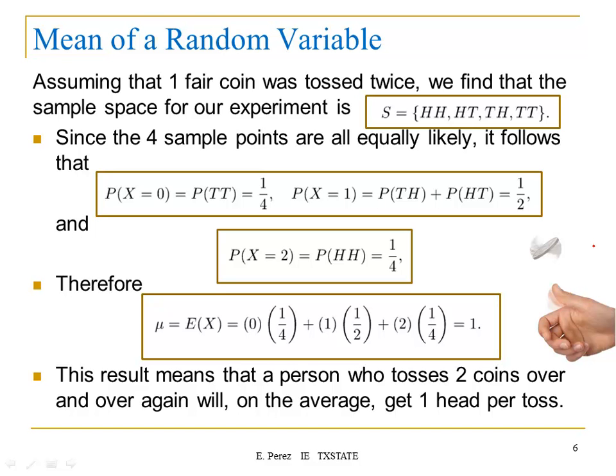And that equals 1. This result means that a person who tosses 2 coins over and over again should, on average, get 1 head per toss of two coins, which makes sense, since we have an equally balanced coin.